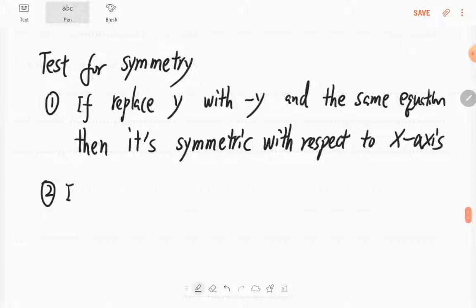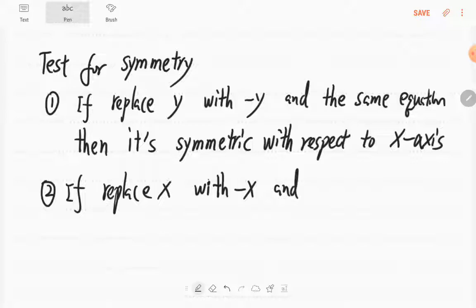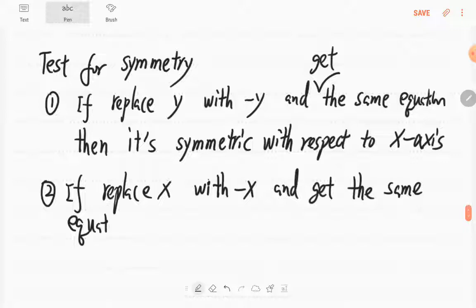Two. If you replace x with negative x in the equation and get the same equation, then this graph must be symmetric with respect to the y-axis.